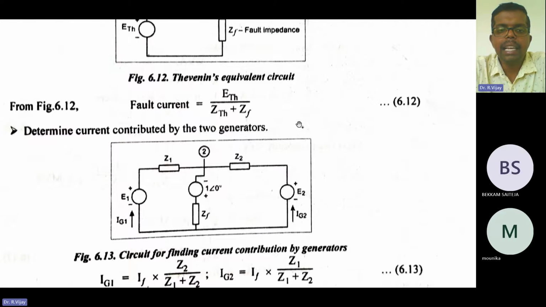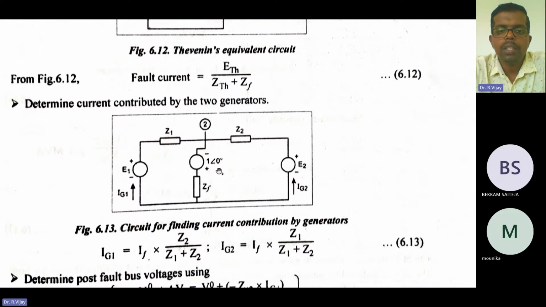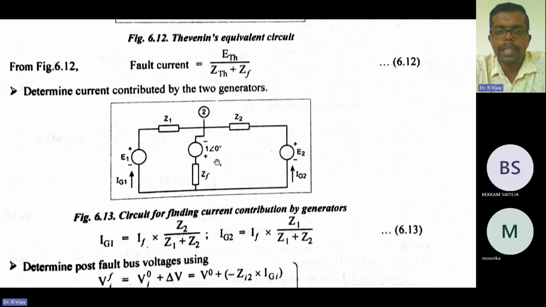Next, determine the current contributed by these two generators. Say, for example, this is bus number 1 and this is bus number 2. The voltage source at bus number 1 is E1, and we need to mention the positive and negative terminals here. Here also E2, and we are mentioning the positive and negative terminals.